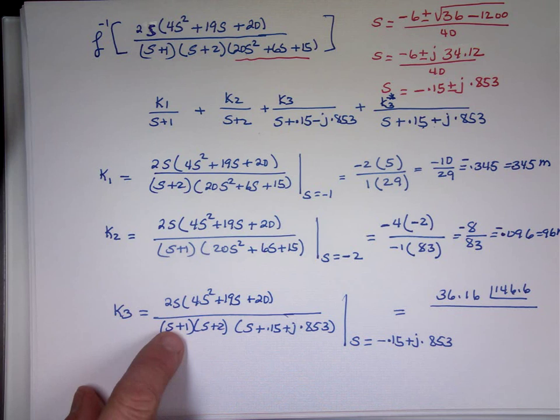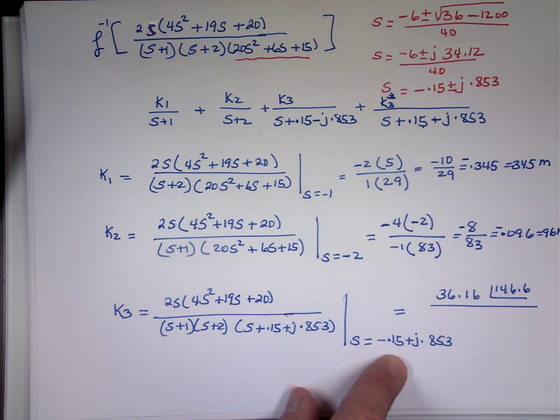Replace S with that. So negative 0.15 plus 1. Here we go.